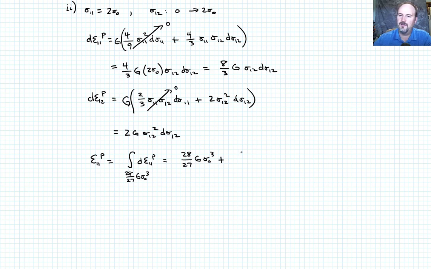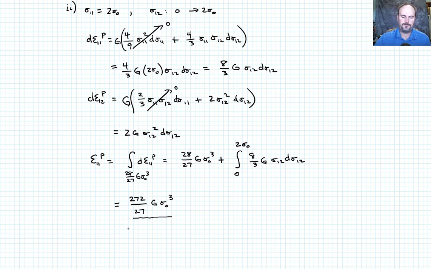Then plus, we can now write this with our stress term, where the stress goes from 0 up to 2 sigma naught, and this quantity is 8/3 g times sigma 1,2 d sigma 1,2. You can carry this out. I'm not going to go through it all in the interest of time. This becomes 272/27 times g times sigma naught cubed. Okay? So that is a quantity we're going to use for comparison.